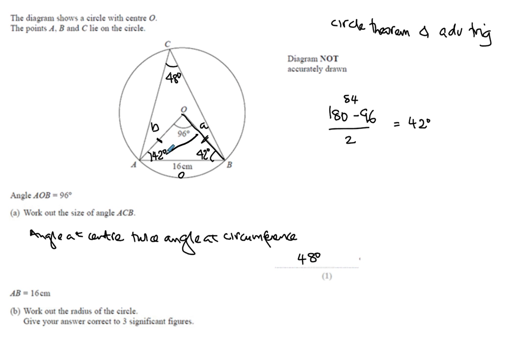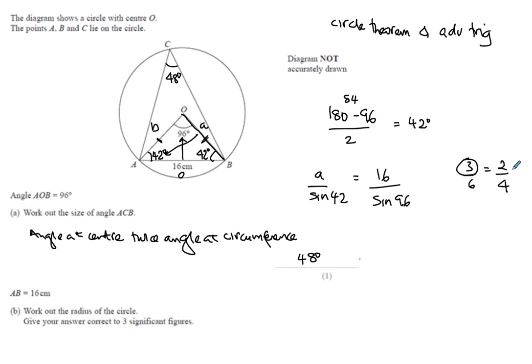For a sine rule, we need the crisscross. So a over sine 42 equals 16 over sine 96. Now using the format of 3/6 equals 2/4, just two simple fractions that are equal to a half. We're trying to find our 3, and we know we can cross multiply because 3 times 4 is 6 times 2.